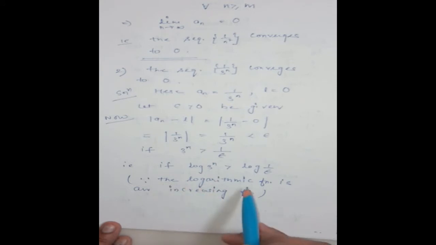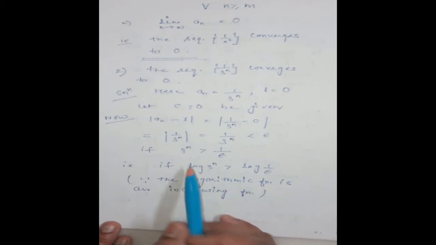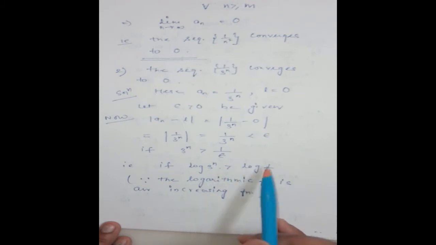Since the logarithmic function is an increasing function, we have log 3^n greater than log 1/epsilon. This is the definition of an increasing function.